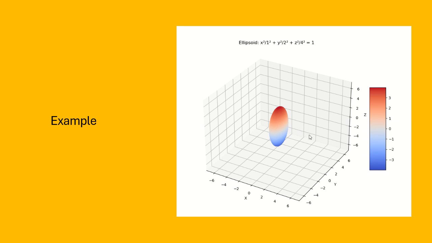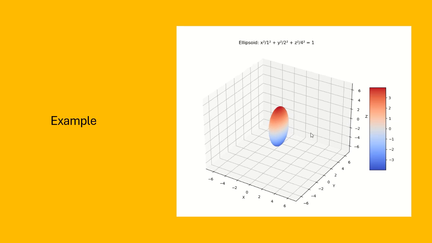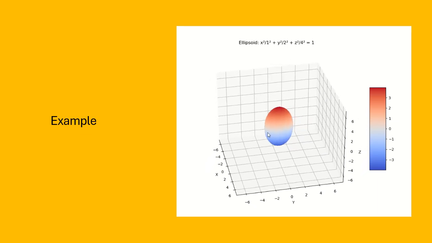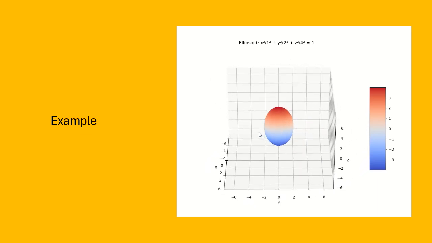Let's rotate this surface around to see what's going on. If we go over this way, the extent of y values goes from -2 to 2, which matches what we have up here, y squared over 2 squared.